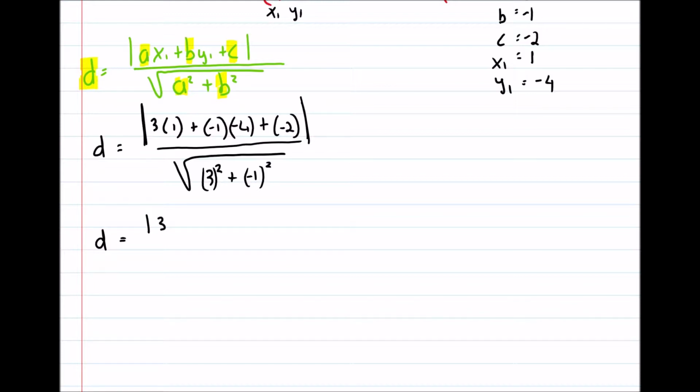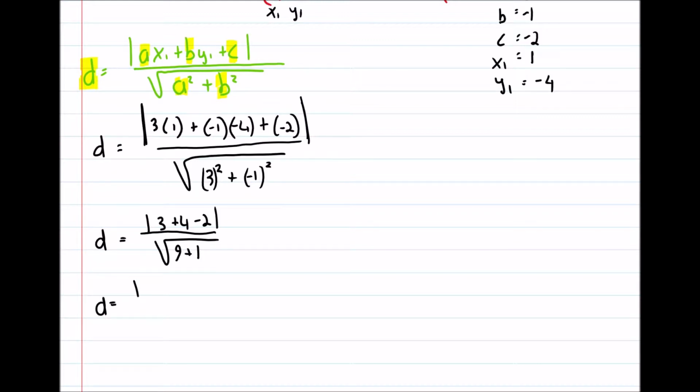3 multiplied by 1 is 3, minus 1 multiplied by minus 4 is plus 4, and then we have our plus minus 2, which is minus 2. And that's all over the square root of 3 squared, which is 9, plus minus 1 squared, which is 1.